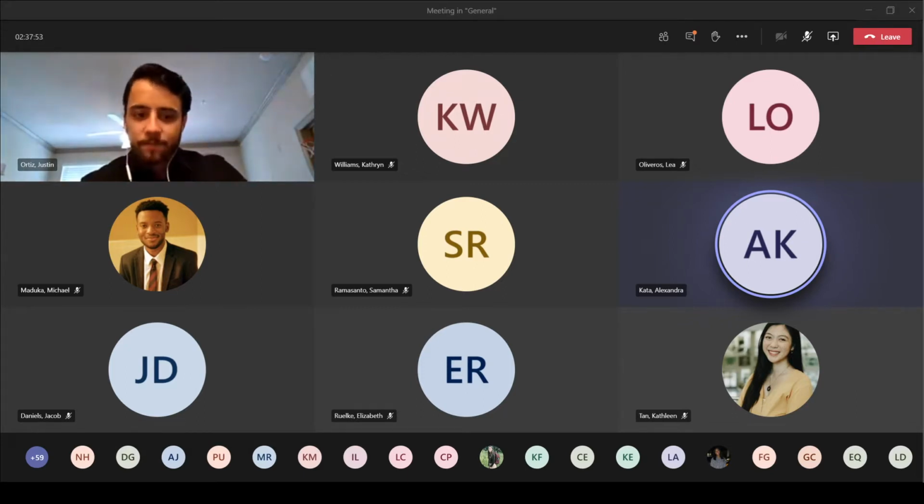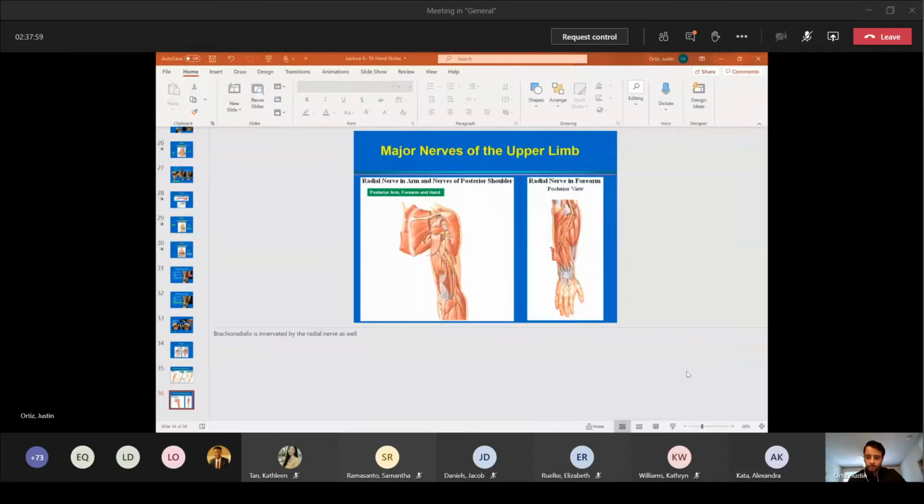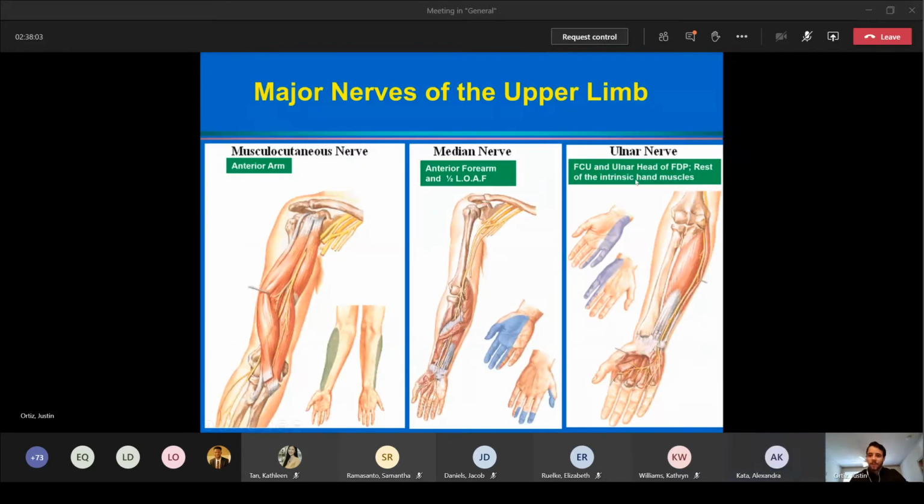So the ulnar nerve is going to be right there: flexor carpi ulnaris and the ulnar head of flexor digitorum profundus, as well as the rest of the intrinsic hand muscles. That's not included in the median half loaf, right? Thank you. Got you. Okay.